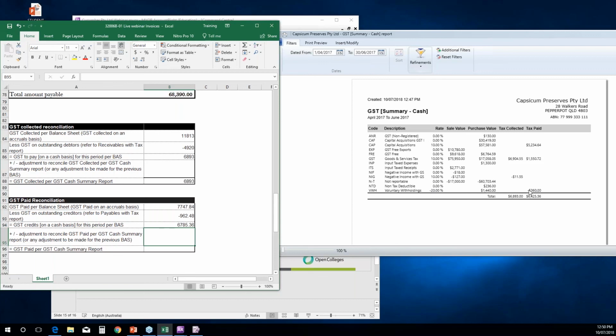So that should be excluded as GST. This amount is 6,425.36, but you must add back 360, which is not GST, because that net amount has been reduced by 360. The true GST paid is these two only. So as you can see, ooh, reconciled. So that's how it's done, right?